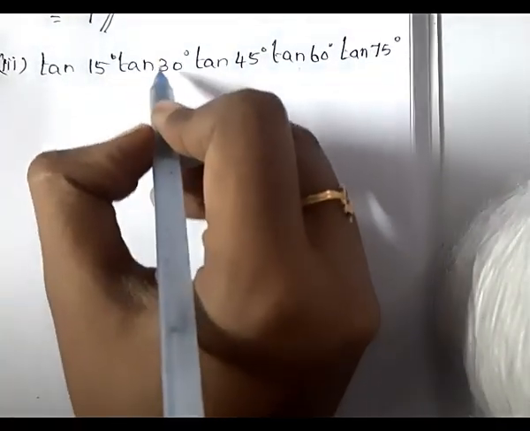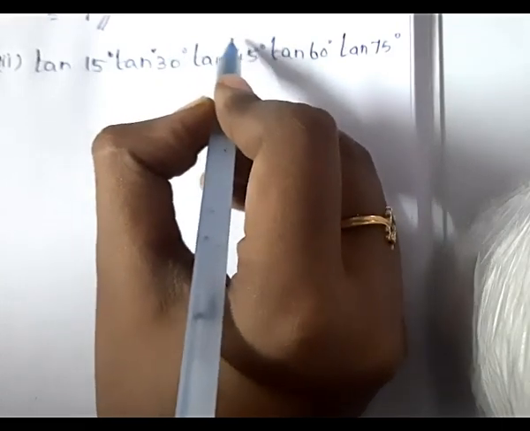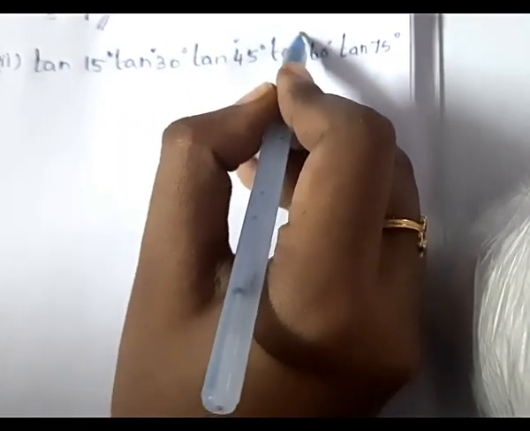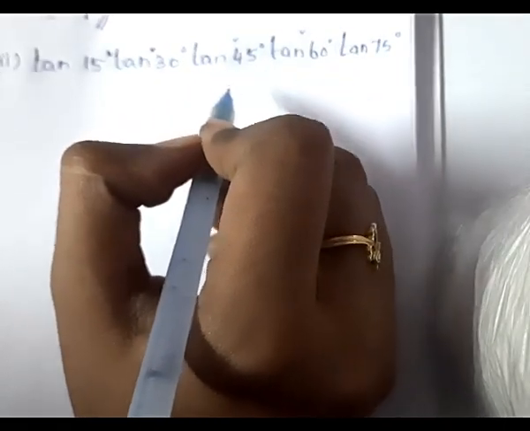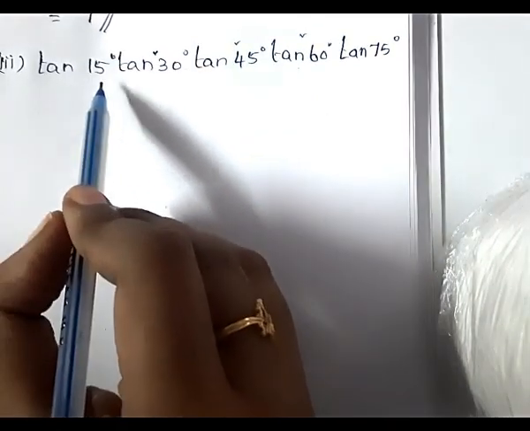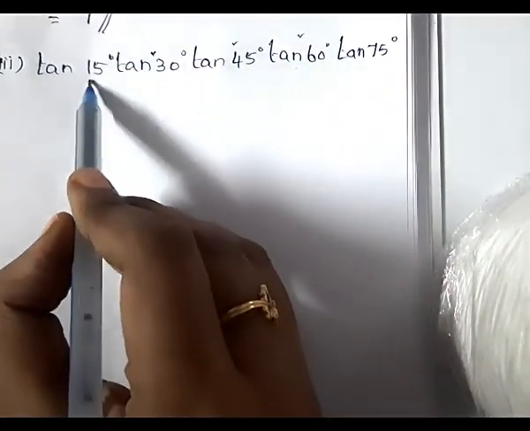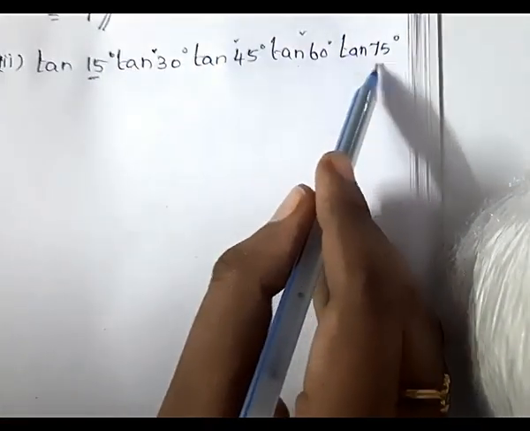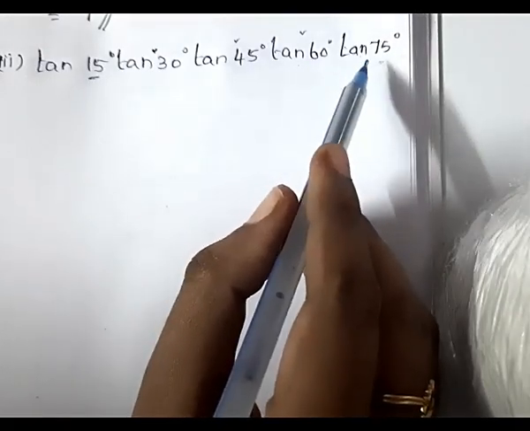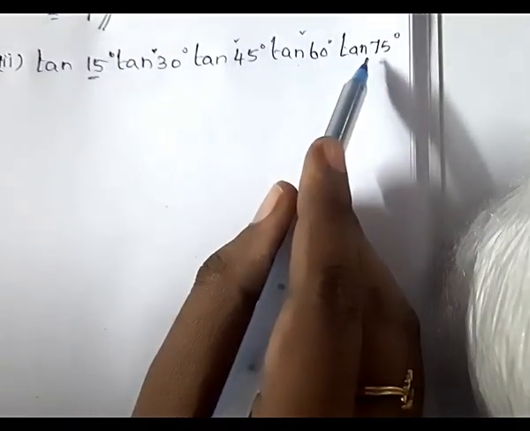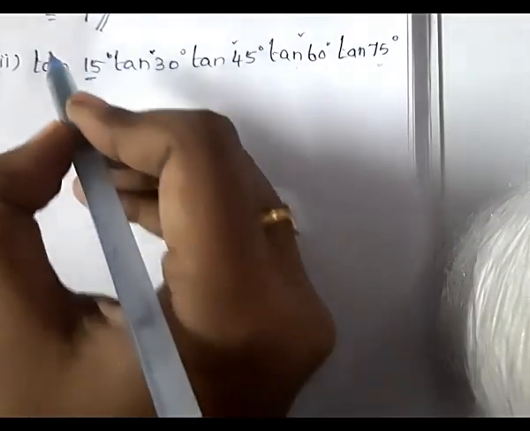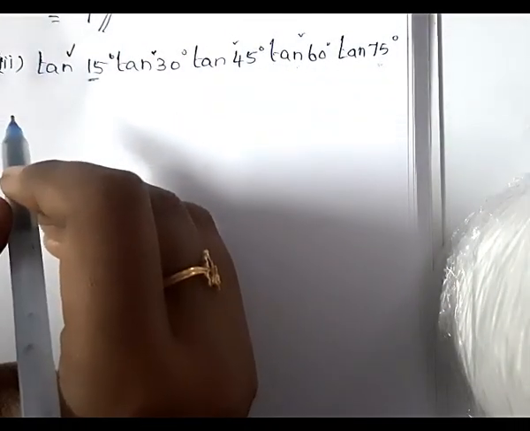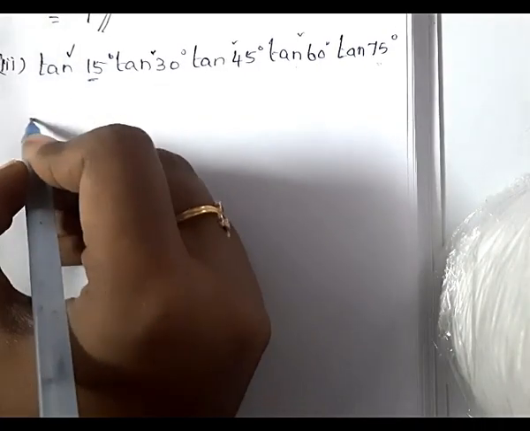You know the value of tan 30, tan 45 and tan 60. Also here you have tan 15 and tan 75. Add this 15 and 75, you will get 90. So any one of these two you can apply the complementary value. So I can choose this to apply the complementary angle formula.